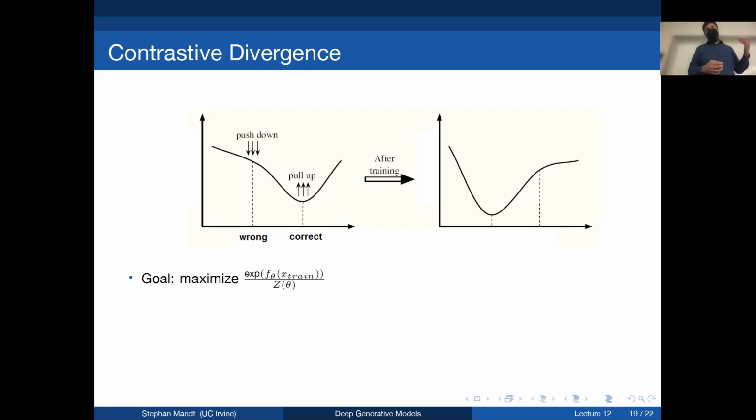If we were able to compute the normalization constant, you could just do gradient descent on that function, and the logarithm of this expression results in the logarithm of the first factor minus the logarithm of that normalization constant. If you could compute both terms, you would be fine. The problem though is that you cannot simply do gradient descent on this Z, because Z is simply unknown.